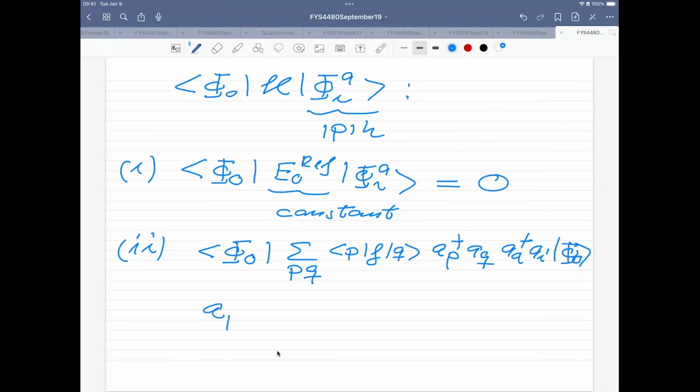When we look at the contractions here, since these are normal ordered operators with respect to the new vacuum, the only contractions which will survive are contractions of this type and that one. All the other ones are zero. If I try to contract this one with that one, that is by definition zero. This and that one is zero. If I try this contraction here, that's a contraction within the same normal ordered product, and that is by definition equal to zero. Also, this has to be zero because this is a particle state, and this is a state below the Fermi level. So A and I are by definition always equal to zero.